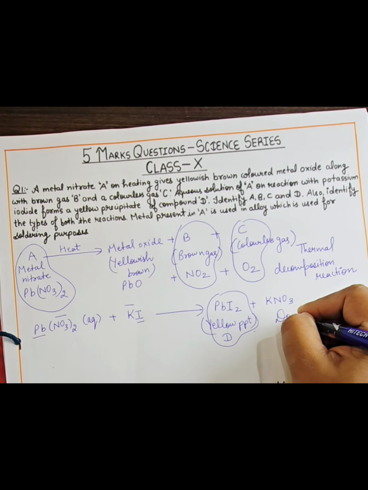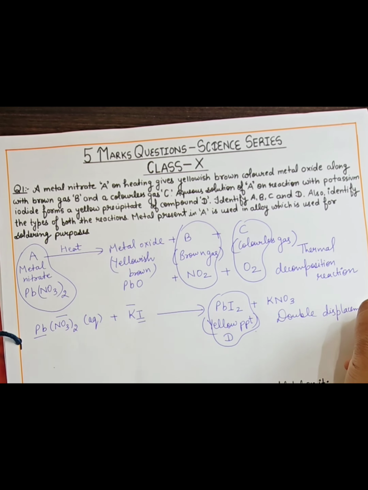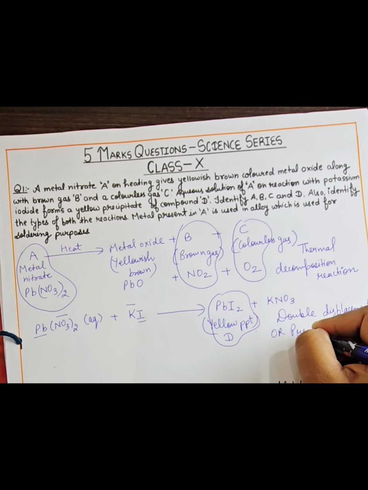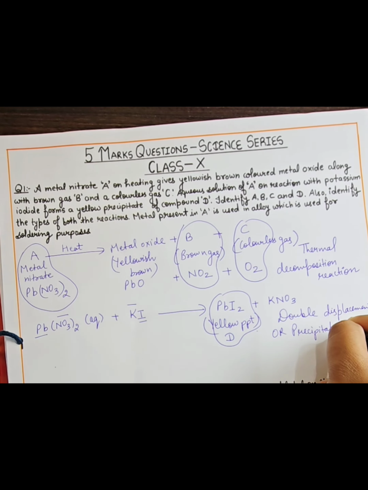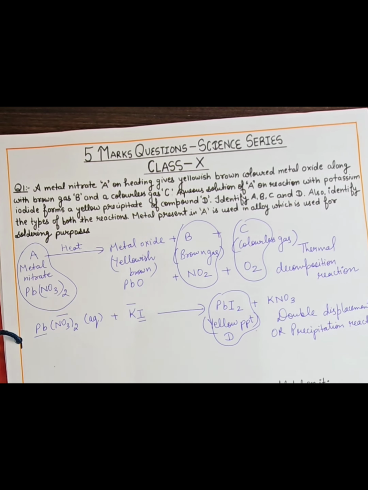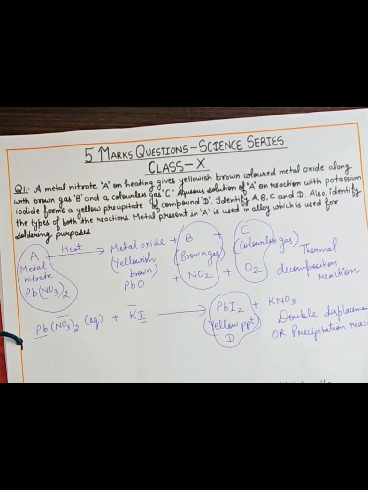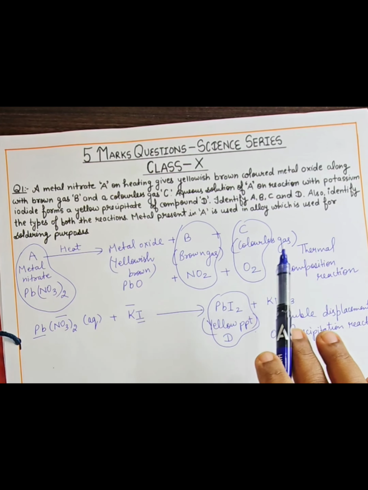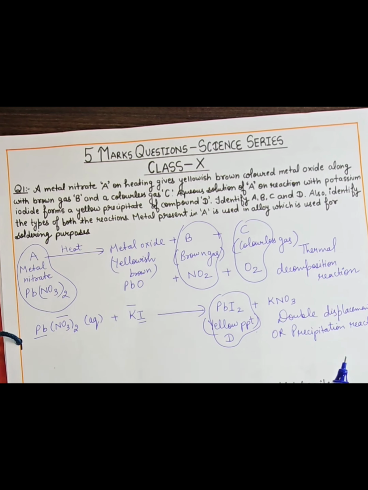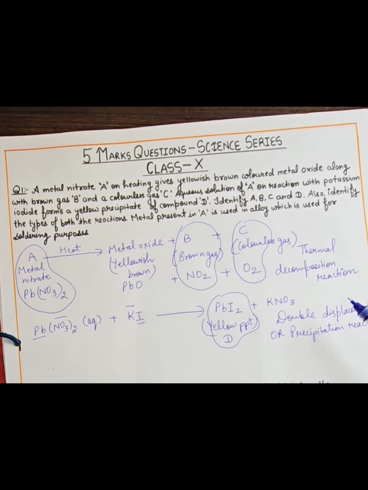So you will write this is double displacement or precipitation reaction. It was that simple. They are not asking to write down the reactions. As you can see in the entire question, they are not asking that write down these 2 reactions properly. So you do not need to write. You just need to specify what is A, B, C, D and the type of reactions.